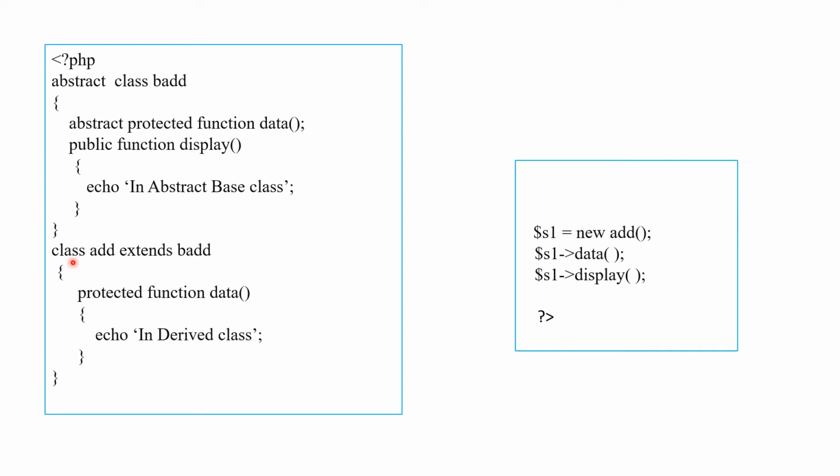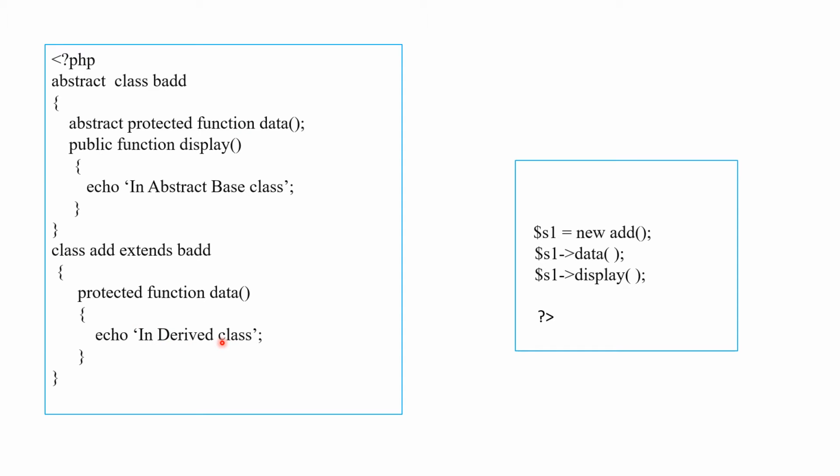Then you create a child class named add, which extends BAdd, the abstract class, and you give the definition for the abstract method of the parent class. This is the protected function data, with an echo statement "in derived class".